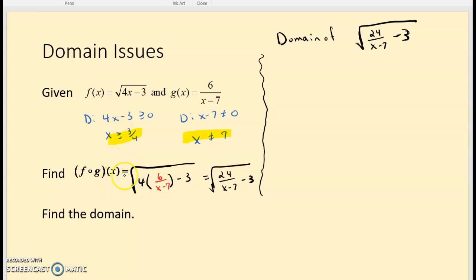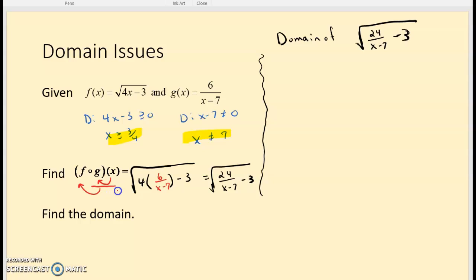Then we found f of g of x, which happened to be the square root of 24 over x minus 7, and then also minus 3, all under the square root. So that's what f of g looks like. Now, the idea here is that g is calculated, and then that result is put into f, and then f is calculated off of g.